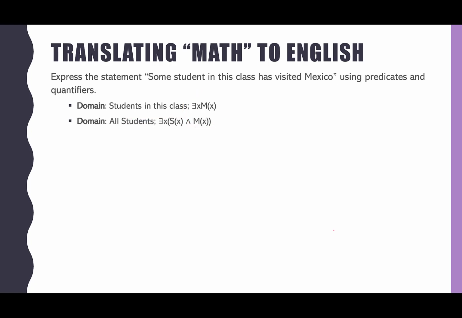Okay? How about a domain where it's all students? Just all students on planet Earth or in the universe or whatever. So now we have a function called S(x), and let S(x) be the statement that x is a student in this class.